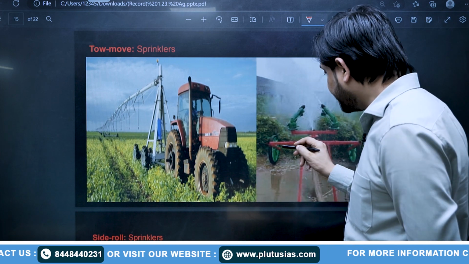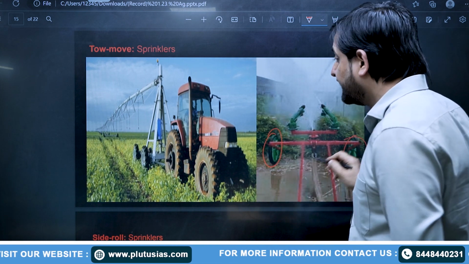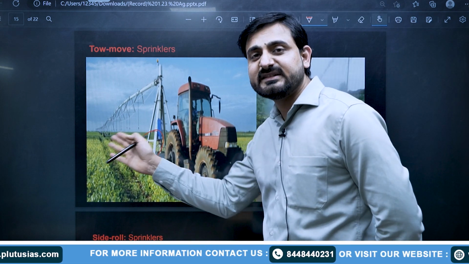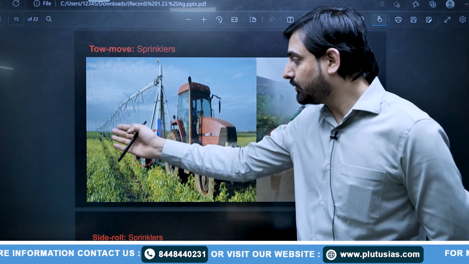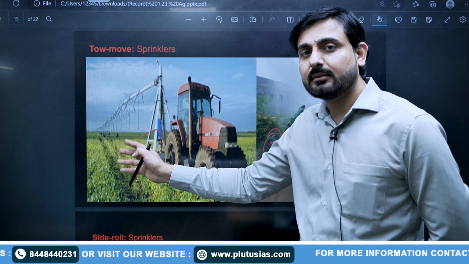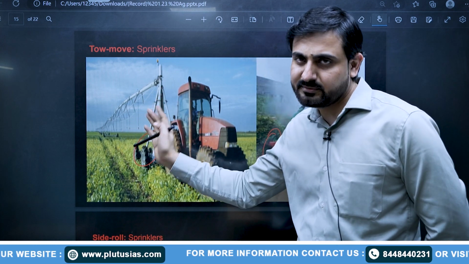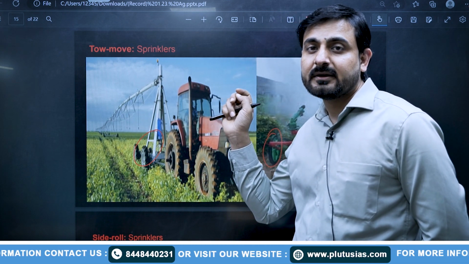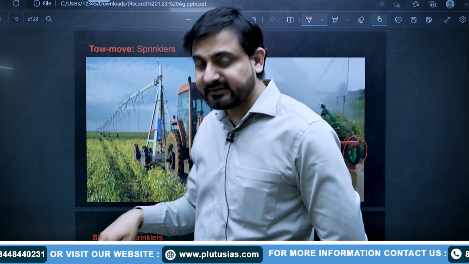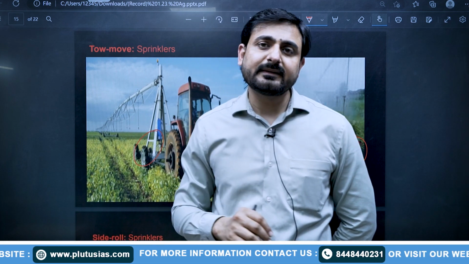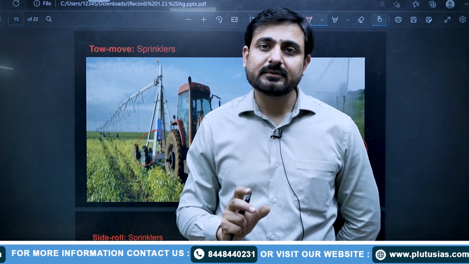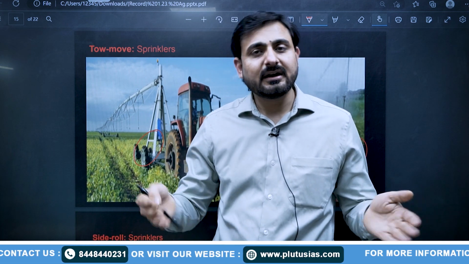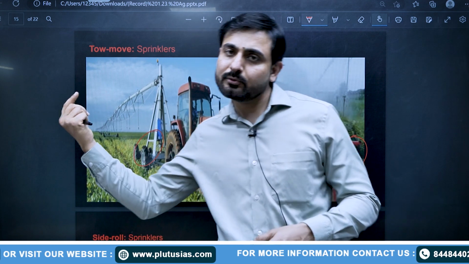Rather, attach it with certain wheels, certain machines or tractors. Now, more regions are likely to be covered by such a movable sprinkler. Especially regions like check basins, border strips, such kinds of fields are very well suited.